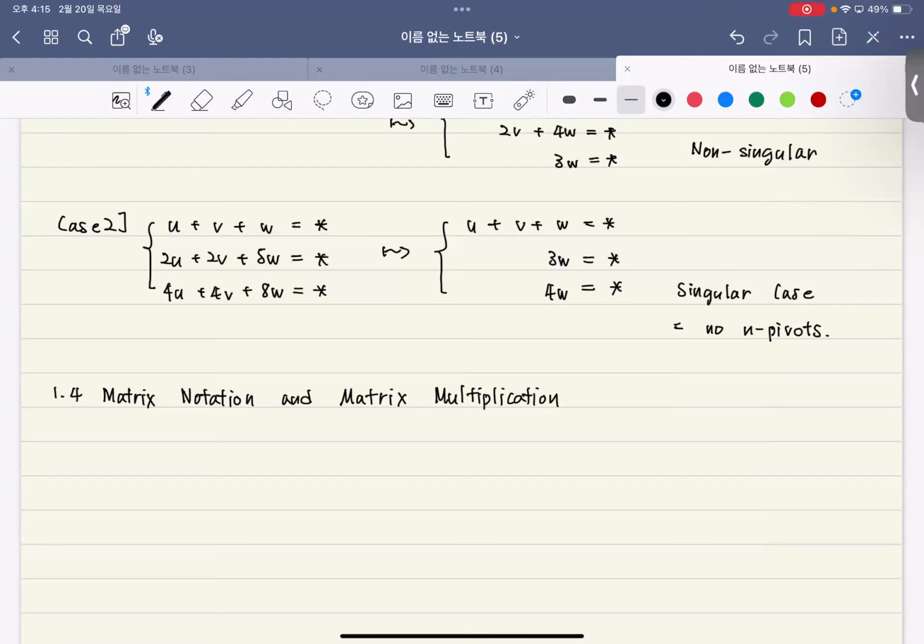I told you that this lecture is based on the assumption that you have never heard about matrices or vectors. So now I will officially introduce the definition of the matrix. So what is a matrix?